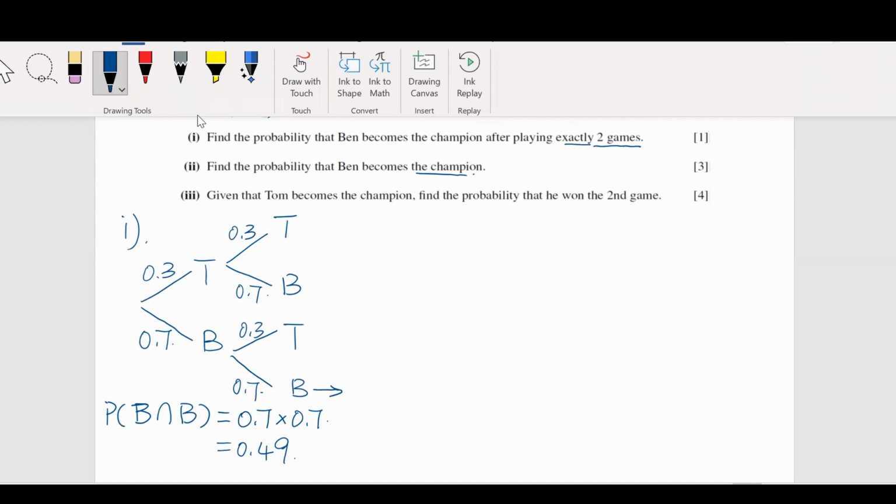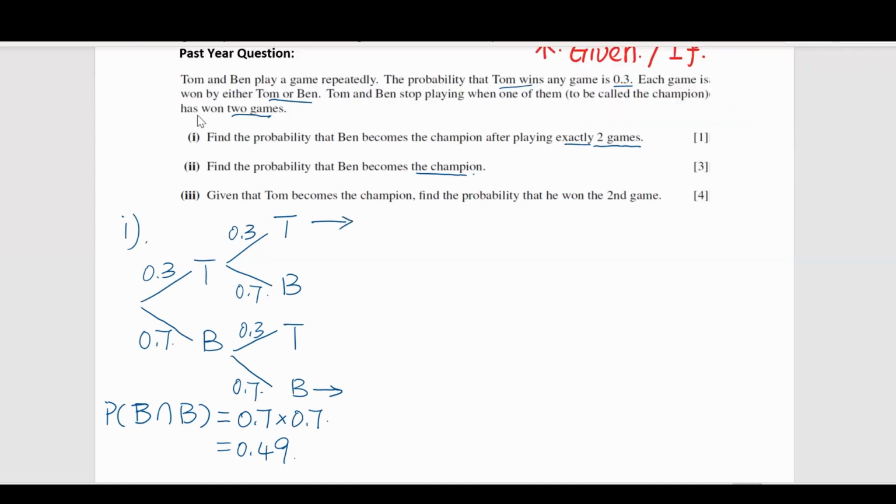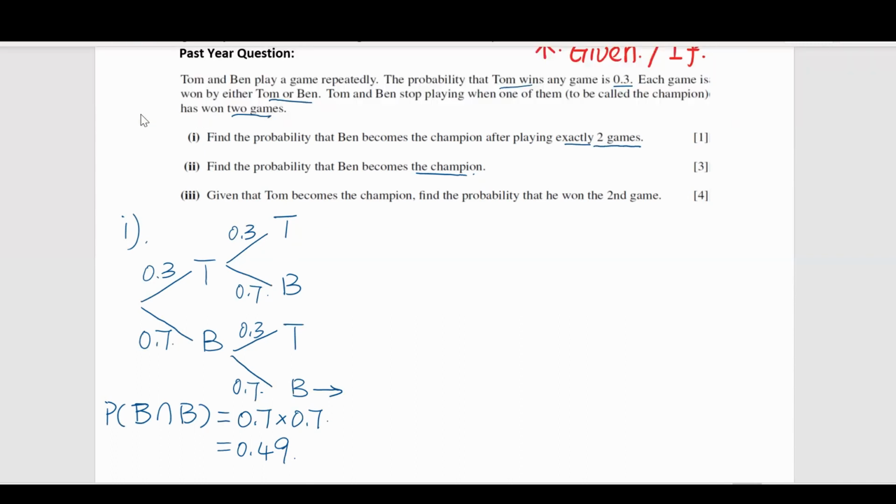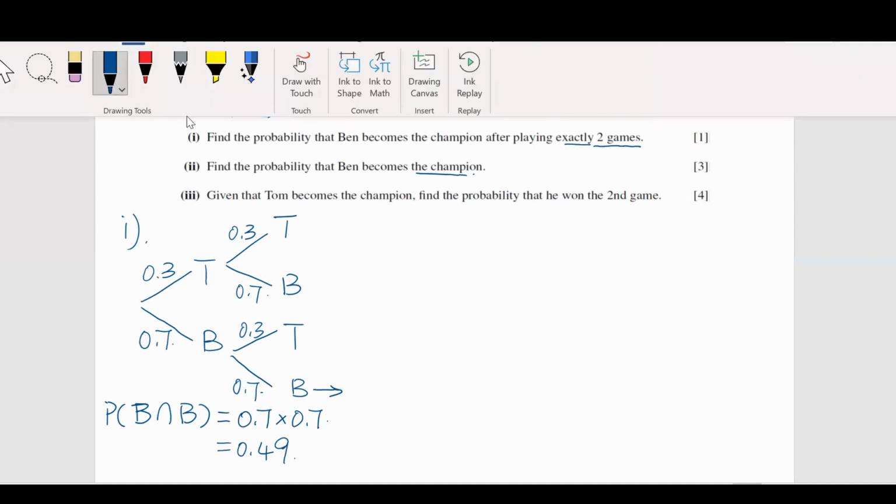Now, let's see. According to the first outcome, if Tom wins the first and second games, then Tom becomes the champion, right? They do not have to play anymore. So there is no third game after 2 games. But what happens if Tom wins the first game, followed by Ben winning the second game?